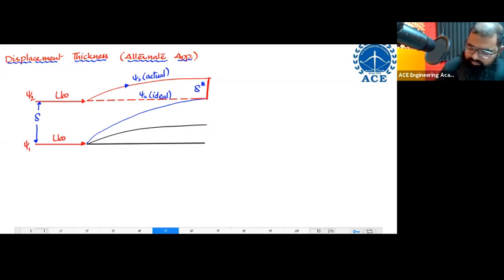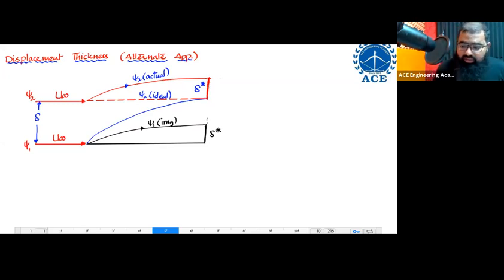So let us say this is psi 1 imaginary. How much is this distance going to be? You would say it is again equal to delta star, is it not? If both of them are parallel to each other, for sure, whatever is the displacement for psi 2, same has to be displacement for psi 1.